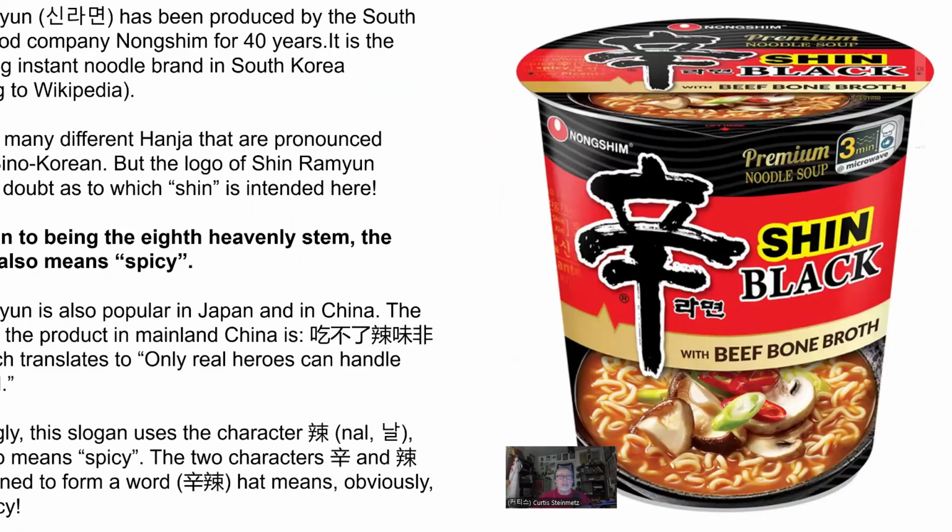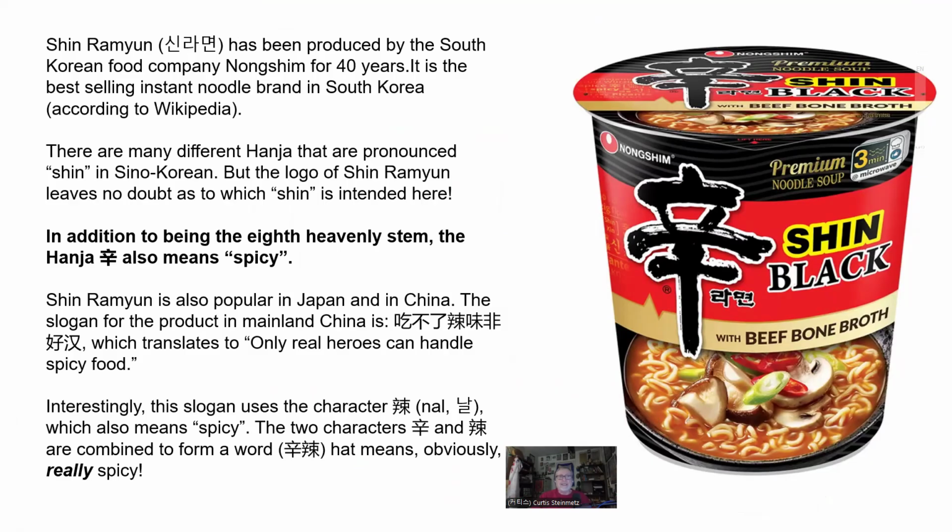And then this is, according to Wikipedia at least, the best-selling instant noodle brand in South Korea. Shin. So this is Shin Ramyun. Ramyun, which I think is the Korean way of saying ramen.